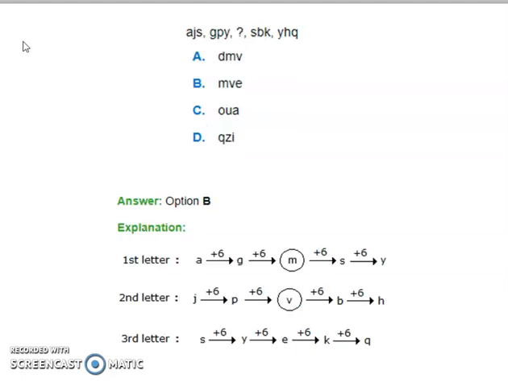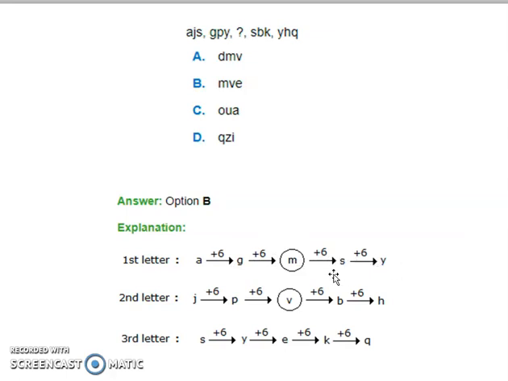Next question: a series is given, and we have to find the missing part in between. The answer here is option B, MVE. It is divided into first letter, second letter, and third letter, so you had to individually see the relation between all three letters. The distance between A and G is 6, and between S and Y is also 6.